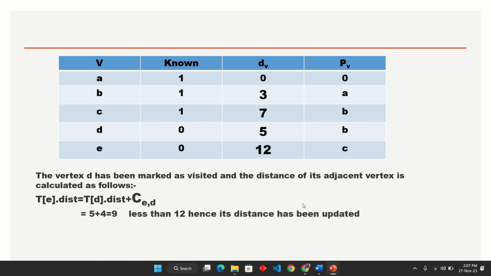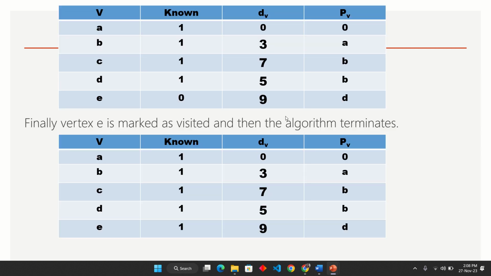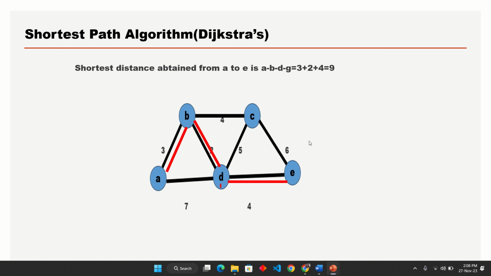So this is updated in the next table column. Finally, you have reached the vertex E and you have visited all the nodes in the given graph. So the shortest path to reach from source A to the destination vertex E is A to B, B to D, and D to E, with distance 9.